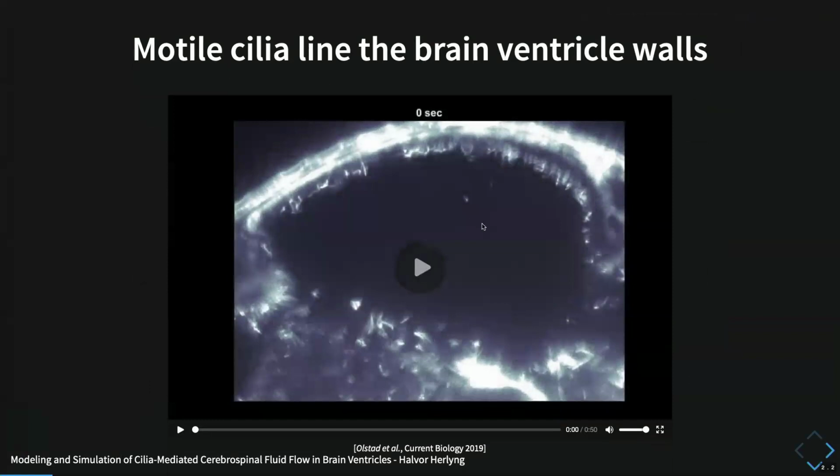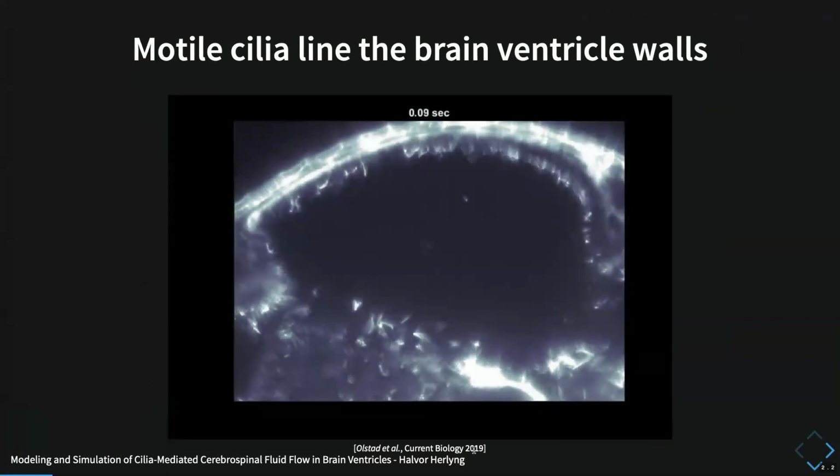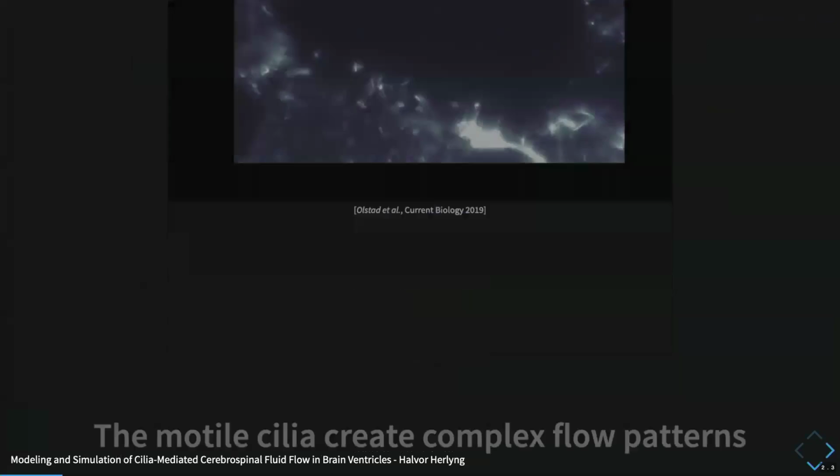This is a video produced by Natalie's group in a previous paper, where they have imaged the cilia on the inside of the brain ventricles of a zebrafish. So this black thing here is the hollow part with the cerebrospinal fluid, and these are the walls of the ventricles. And you can see these cilia are flapping back and forth.